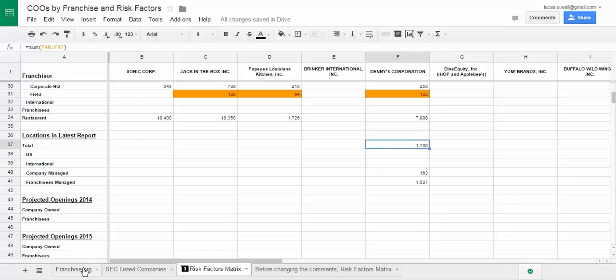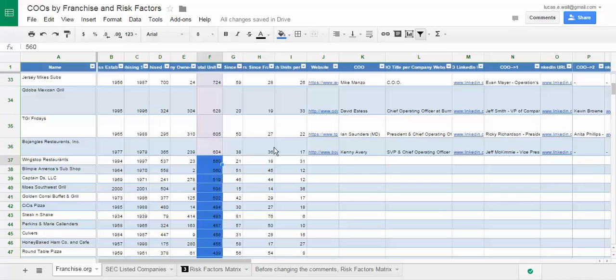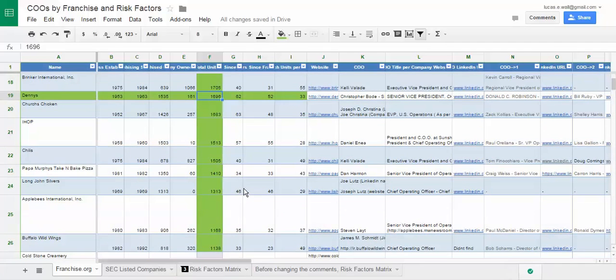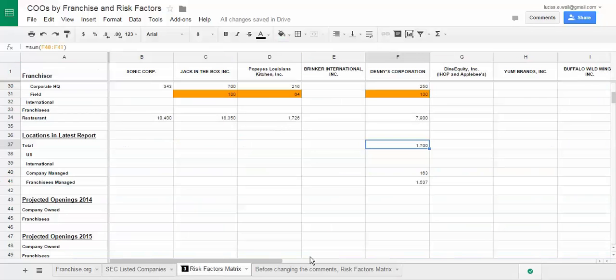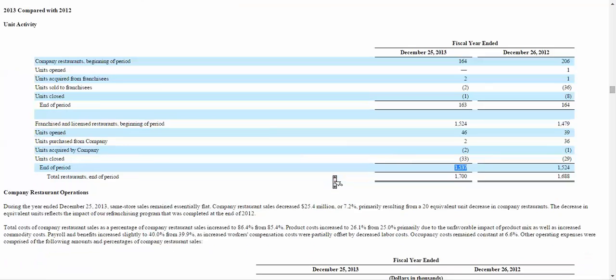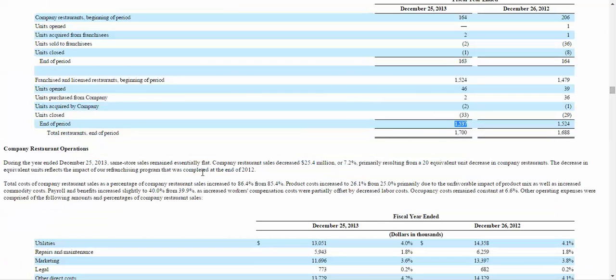Funny enough, it's pretty comparable to the number that we have for Denny's in the franchisor sheet, and in the sheet it says 1696. So it's pretty close, right? But we're going to go with the information that the 10Ks provide. Now, is there a breakout between United States and international? You can look up that information around here. I haven't seen it, but you can take a look.